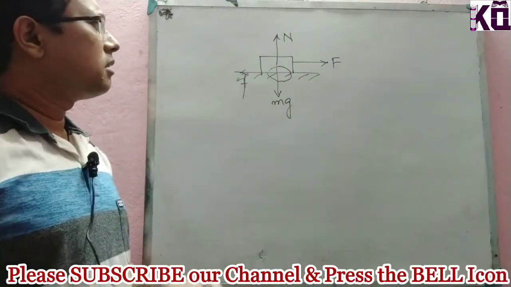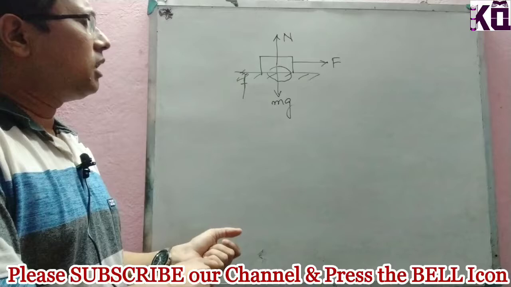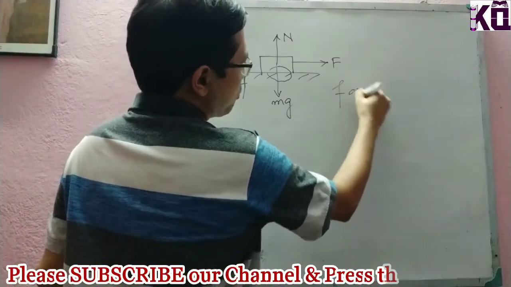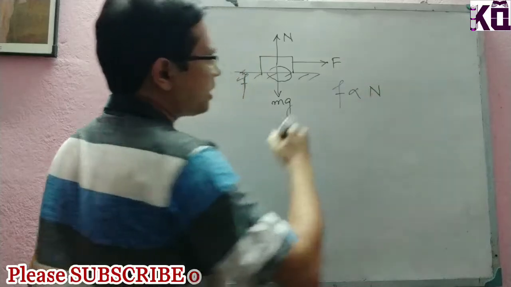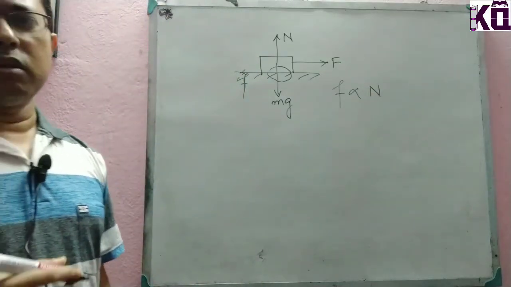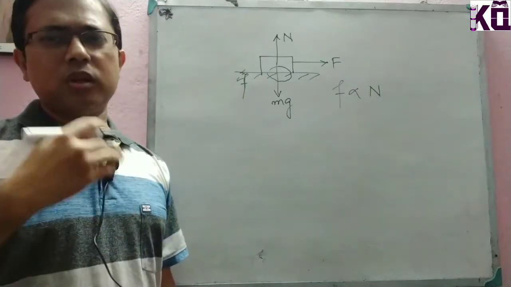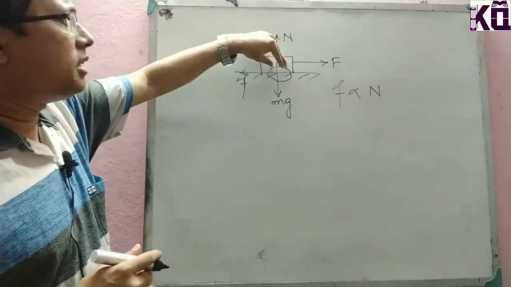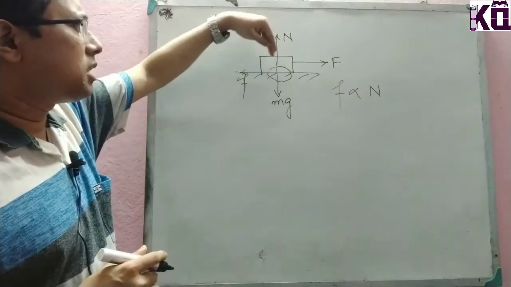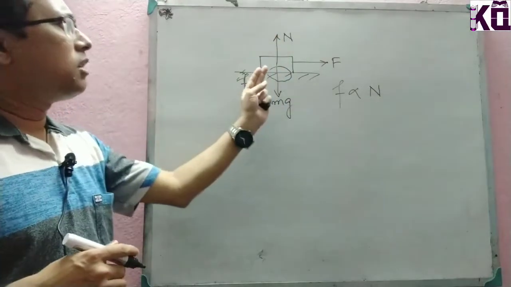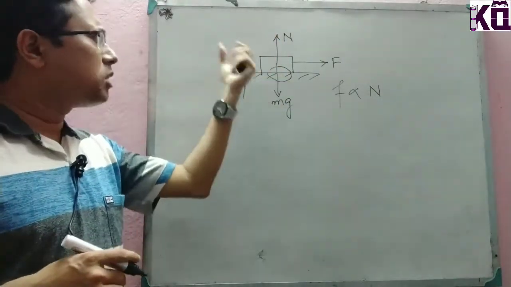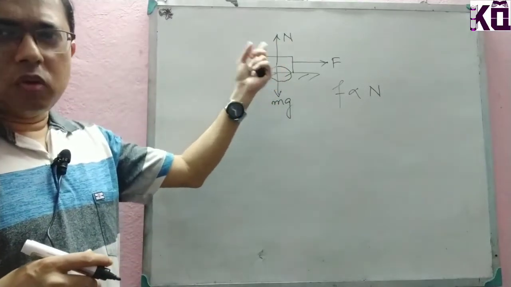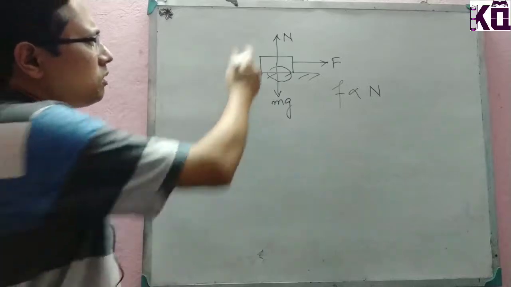Now, this frictional force is proportional to the normal reaction. We know from Newton's law that if there is one action, here the weight acting on the floor, then there is a reaction, the floor providing the normal reaction on the object.